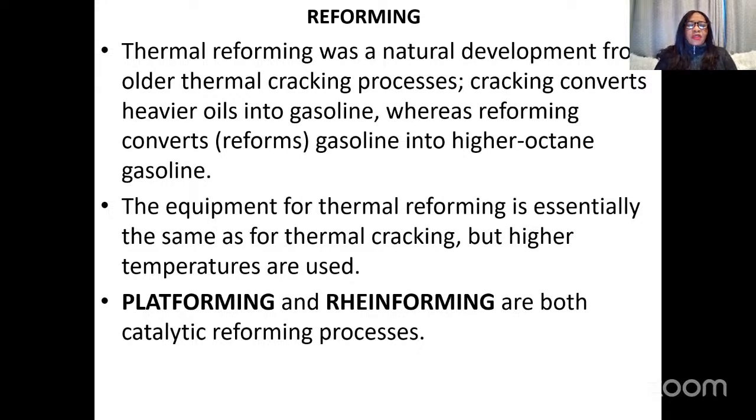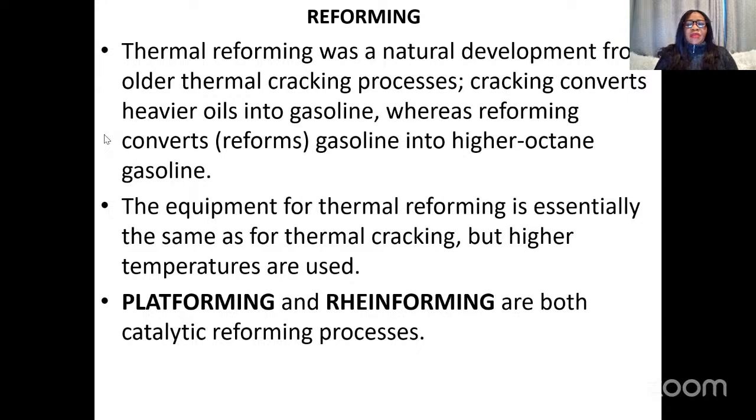So we have here platforming and reforming. The first one is reforming. Under reforming, we have thermal reforming, which I just talked about now. And then we have platforming and we have rheniforming.